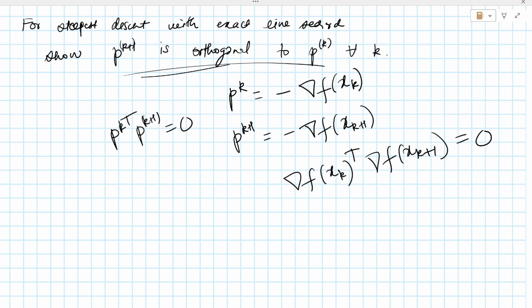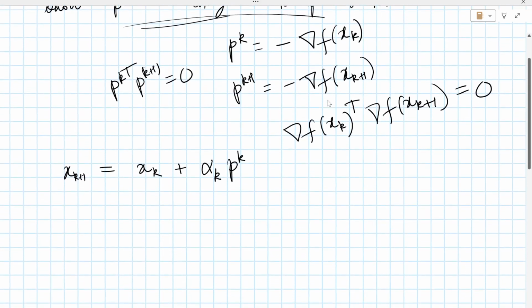And this is happening when you do exact line search. So exact line search means you have xk plus 1 is equal to xk plus alpha times pk.